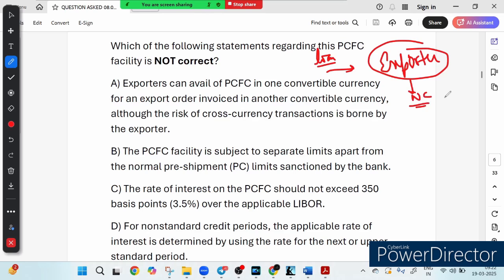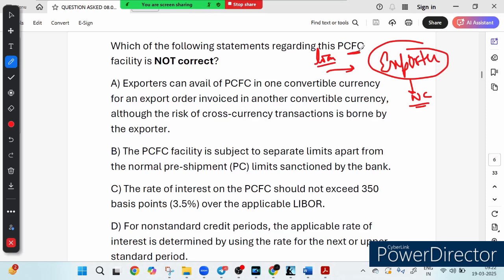So instead of taking a loan in rupees, the exporter can avail it in foreign currency, like dollar, euro, or Great Britain pound. That is why FC is written there, foreign currency. Why? Because foreign currency loans have a lower interest rate, making them cheaper for the exporter. And the interest rates are linked to LIBOR, which is London Interbank Offer Rate, or Euro LIBOR. Now let's analyze each and every option one by one.